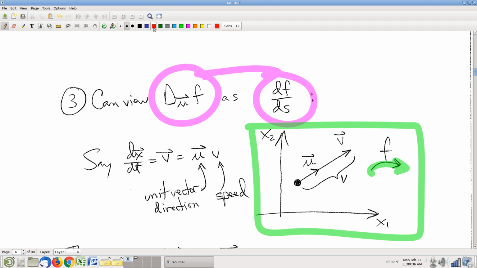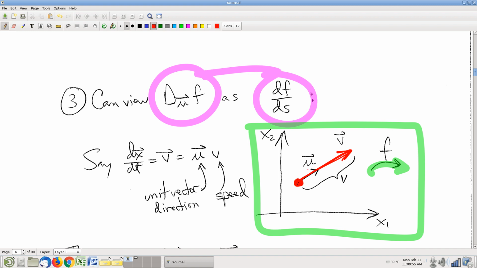So for example, maybe I'm here and I want to know how the function's changing as I move that way. Just generally, is the function changing a lot as I move that way, or is it maybe not so much? I don't really care that Bob personally is moving fast. That's going to mess up my information.